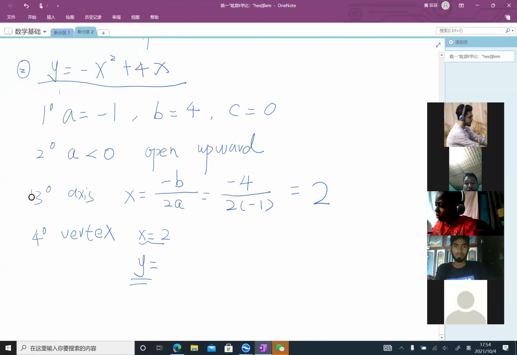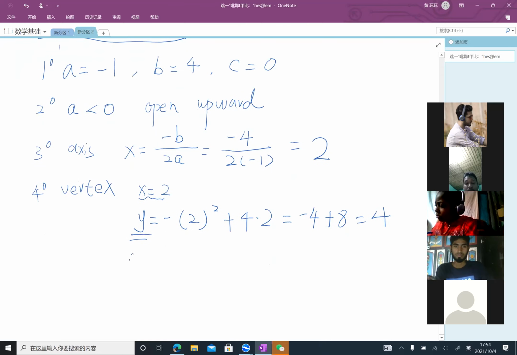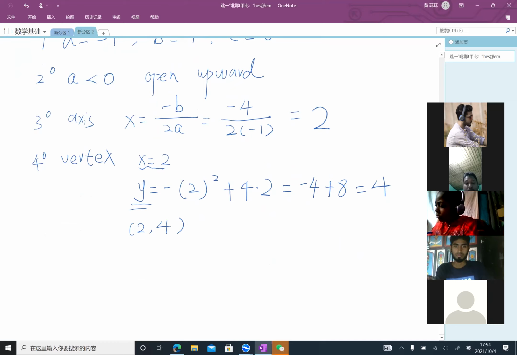So y is equal to negative x squared, which is 2 squared, plus 4 multiplied by x multiplied by 2. So this is minus 4 plus 8, and so y is equal to 4, right? So the vertex for this parabola is (2, 4). So this is the vertex ordered pair.